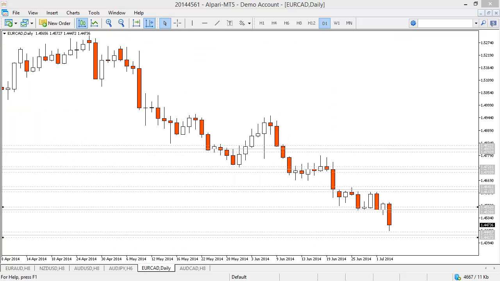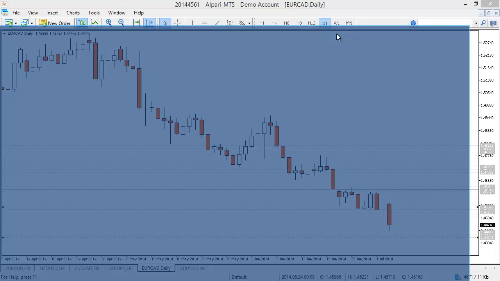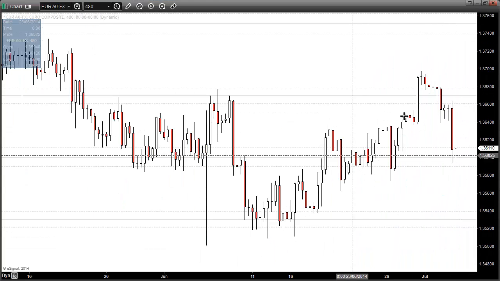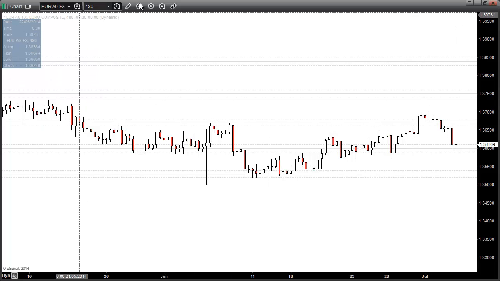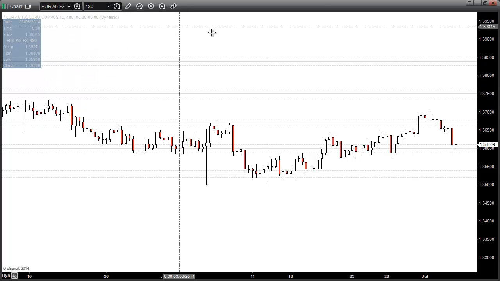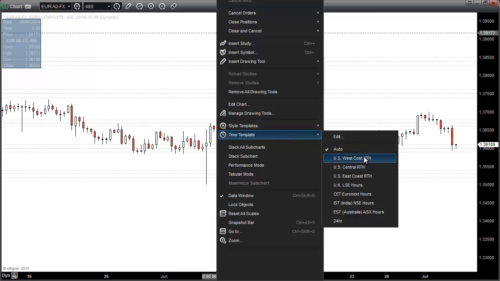Let me get a pair that everyone probably has open on their charting platform right now. Let me bring up Euro USD. The awesome thing about eSignal for me is that you can change the time template.